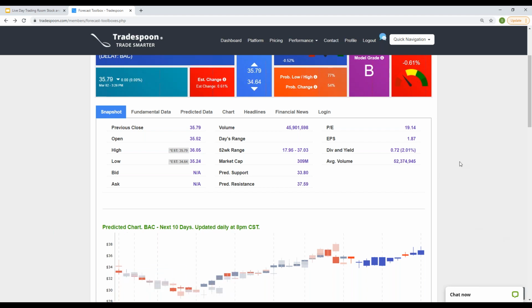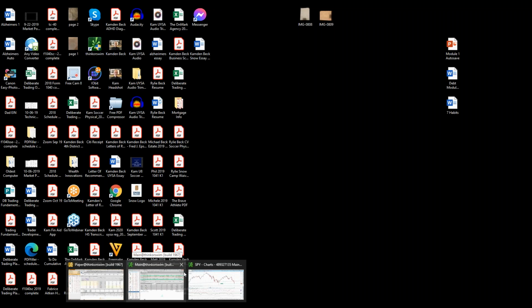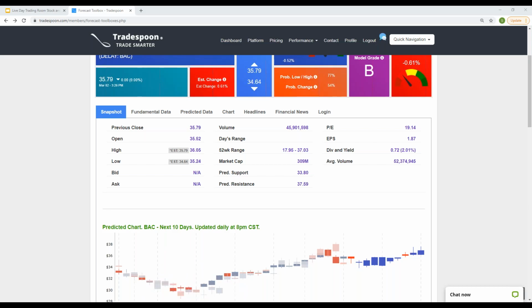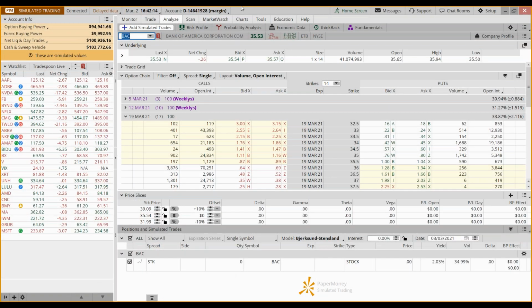So let's talk about probability of success. And what you're going to realize is that a lot of what you're doing as you quantify your probability of success is you are looking backwards and saying, based on these rules that I'm applying, I would expect to be right 63% of the time.